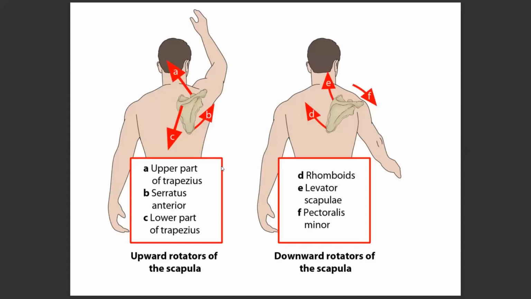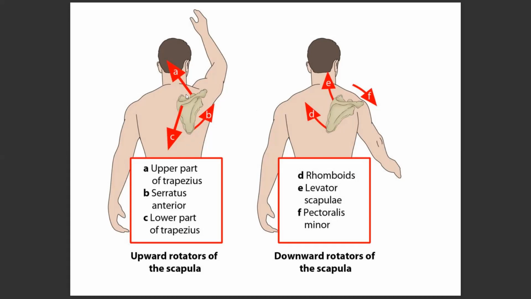So these are the scapular muscles, the upward rotators, and sometimes if there is imbalance between these muscles, it will lead to biomechanical abnormalities which may cause subacromial impingement syndrome.